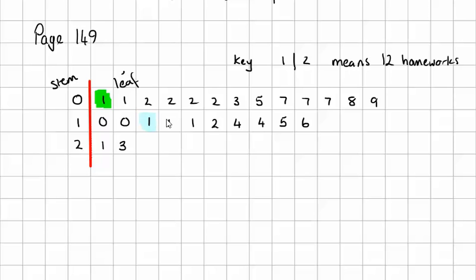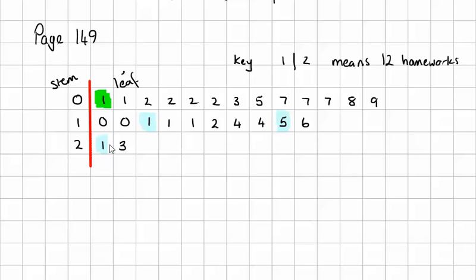What is it, Tabitha? 11. It's an 11 because you look at that number with the stem, and 1 line 1 means 11. This number means what? 15. This number means what? 21. Someone got 21 pieces of homework. What was the maximum amount of homework someone received in a week? 23. What was the least amount of homework someone received?